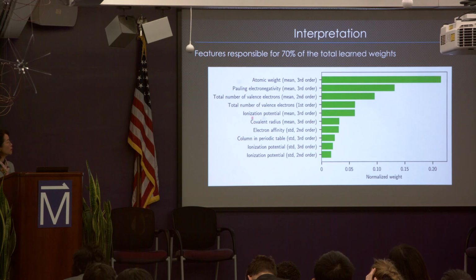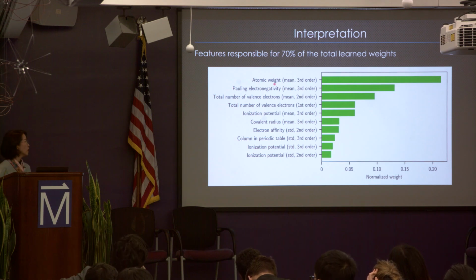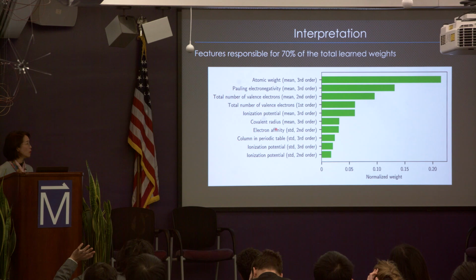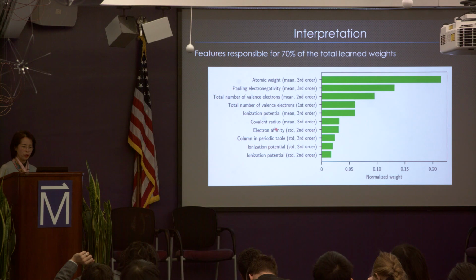These are different features that are responsible for about 70% of the total learned weight. And what we're finding is that atomic weight is important. That kind of makes sense. And there are a bunch of other properties that we haven't yet had a chance to think deeply about. But this is sort of a direction where our effort is moving.